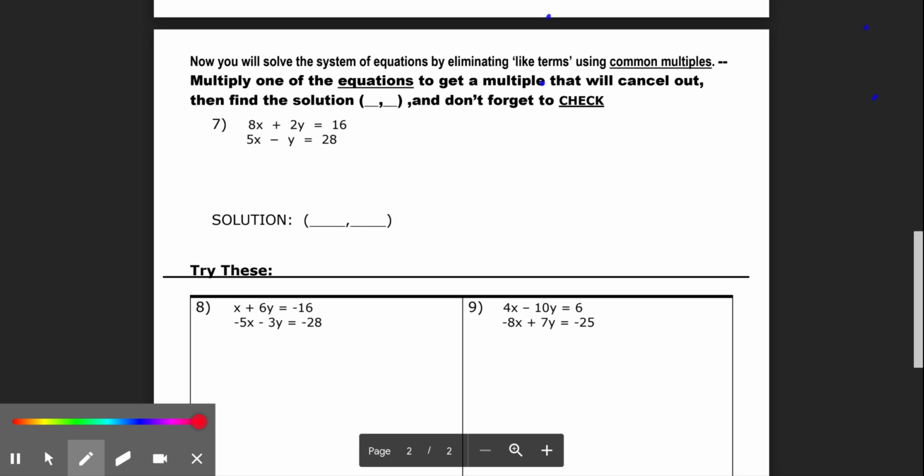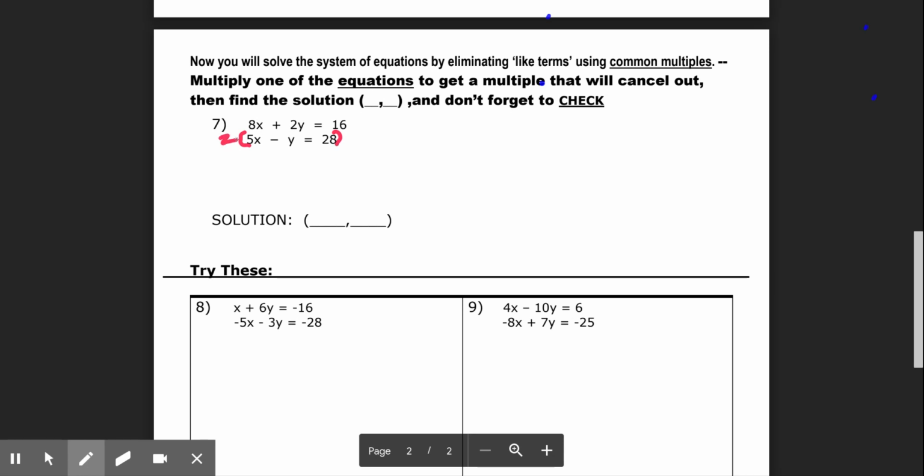So I think what I'm going to do on problem 7, since I have a 2y right here, if this becomes a negative 2y, then it cancels out. So that's what I'm going to do. I'm going to multiply this bottom equation by a 2.